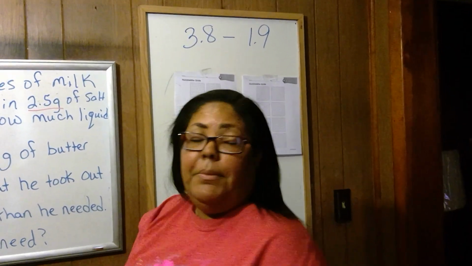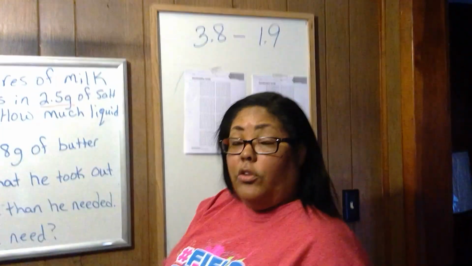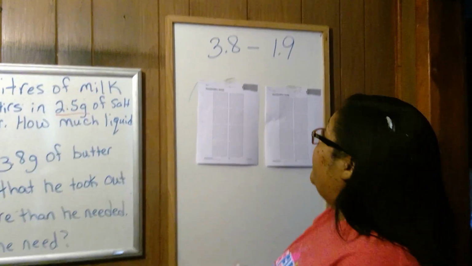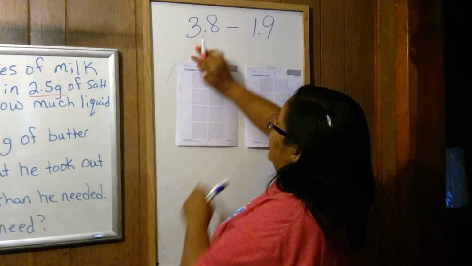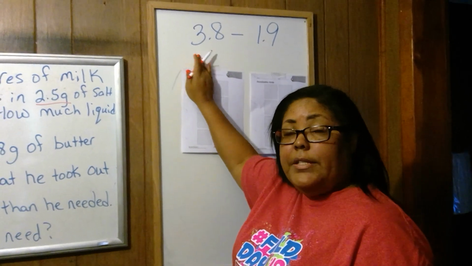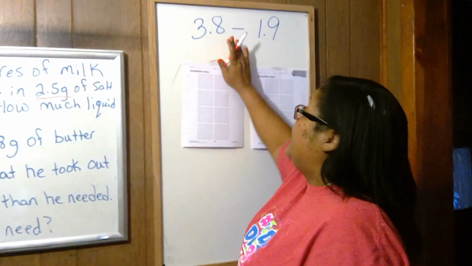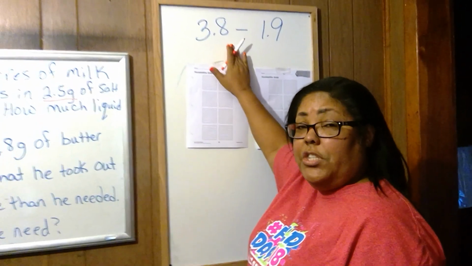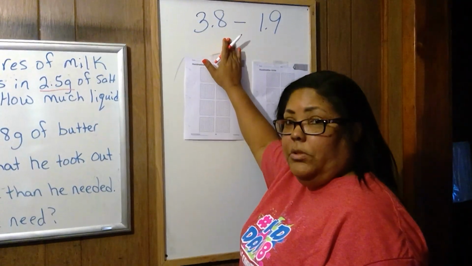So the first thing I'm going to do is use the grid. I'm going to fill in 3.8. That 3 is a whole number, in front of the decimal. That 8 is a partial number, which is in the tenths place, behind the decimal.